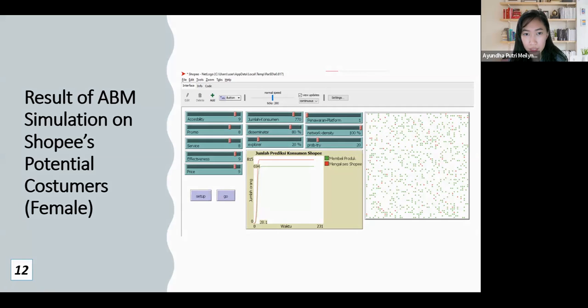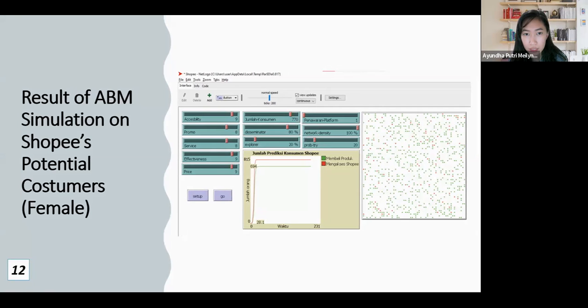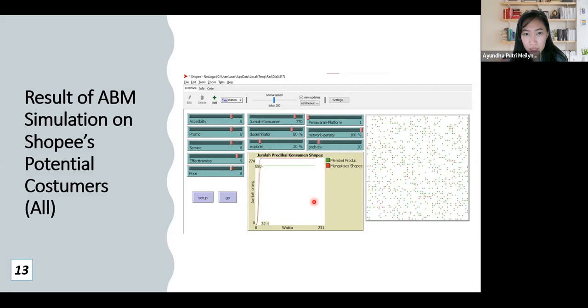And this is the result of the IBM simulation on Shopee potential customers of all genders, and the parameters used are accessibility 8, promo 8, service 8, effectiveness 9, and price 8.